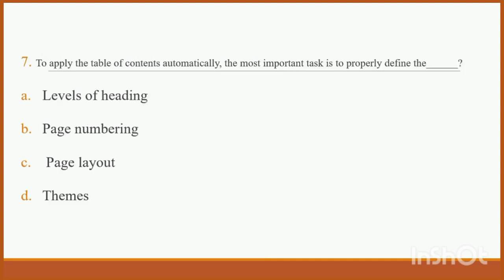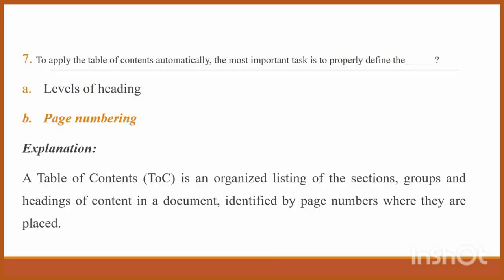Question 7. To apply the table of contents automatically, the most important task is to properly define the: option A, level of heading; option B, page numbering; option C, page layout; option D, themes. To apply the table of contents automatically, the most important task is to properly define the page numbering.